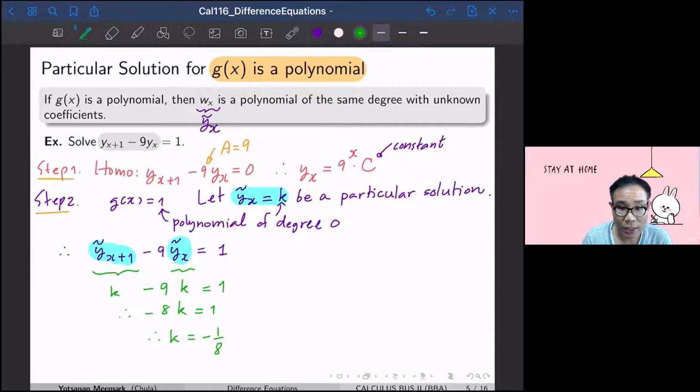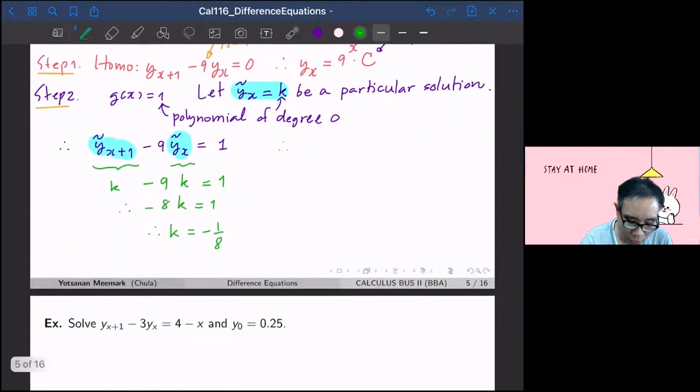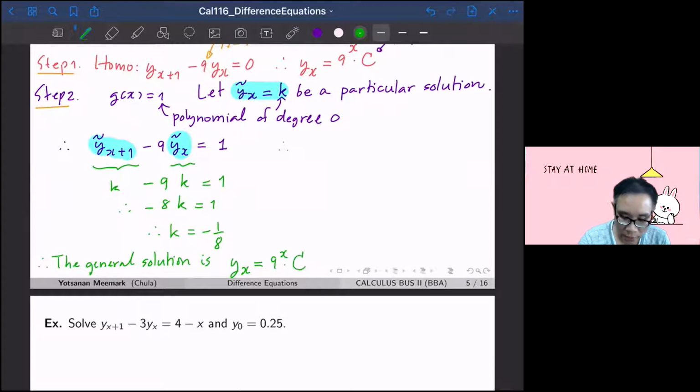Okay, so you get k equal to 1/8. In this case, the general solution will be given by y(x) equal to 9 to the x times C, and you're gonna have minus 1/8.